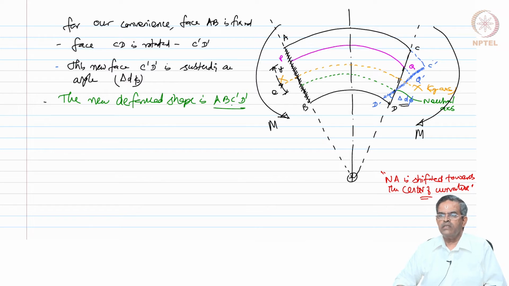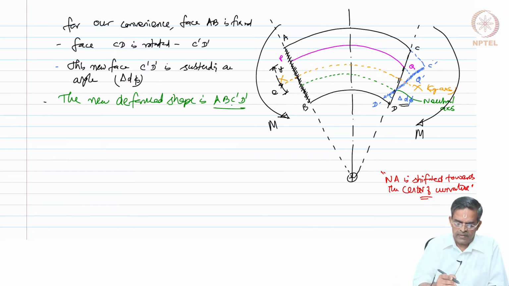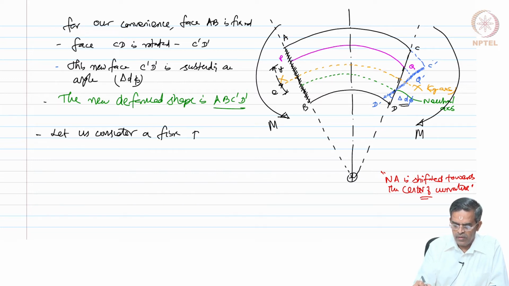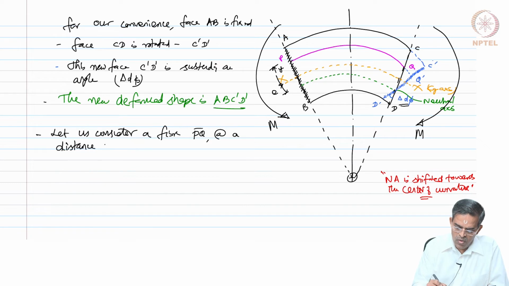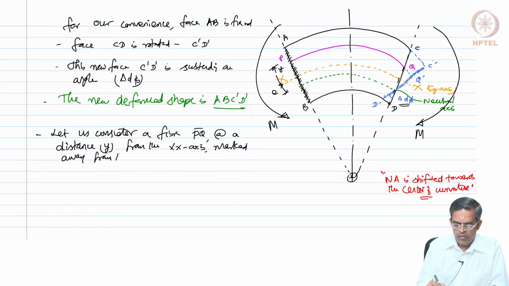Okay. Now let us consider a fiber PQ at a distance y from the x axis, marked away from the center of curvature as shown in the figure.